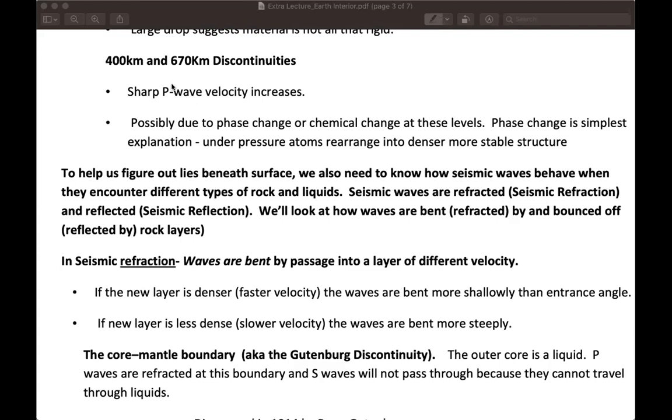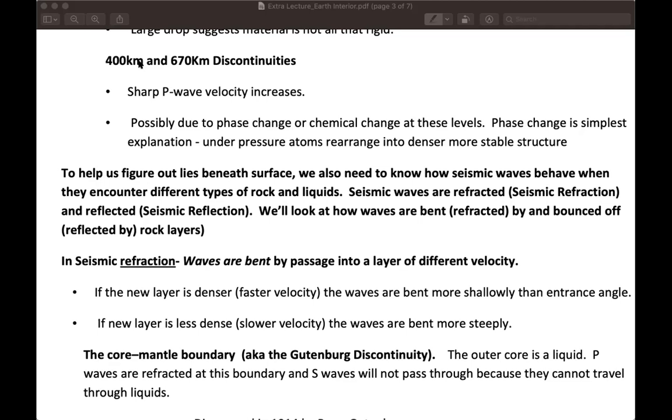Separate phase means there is a mineralogical change. For example, you have olivine in the mantle. Remember peridotite, right? The mineral. That can change into some other form, that means some high pressure variety of olivine. Chemistry does not change.